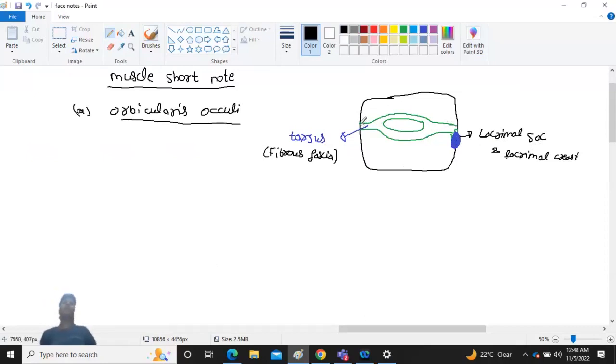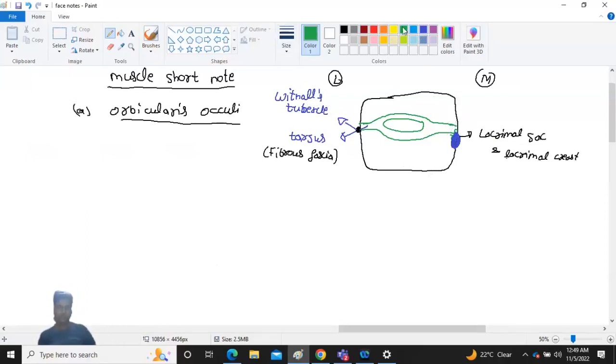And in the orbit, on the lateral side, there is a tubercle present which is called Whitnall's tubercle. This is the lateral, this is the medial.